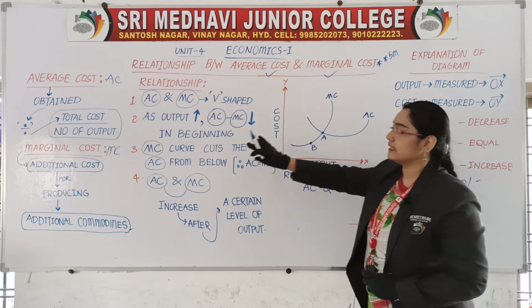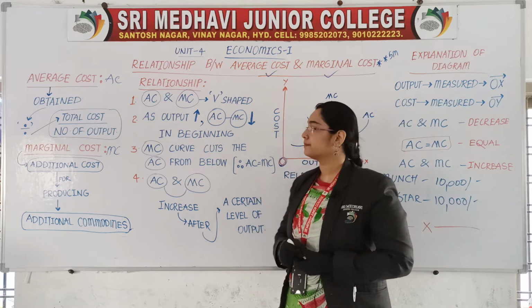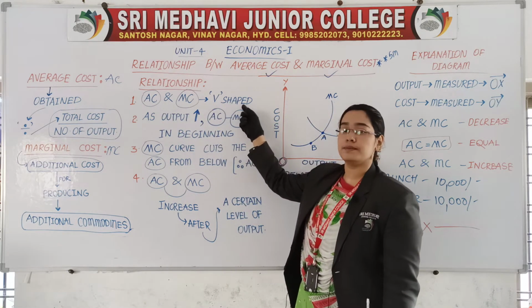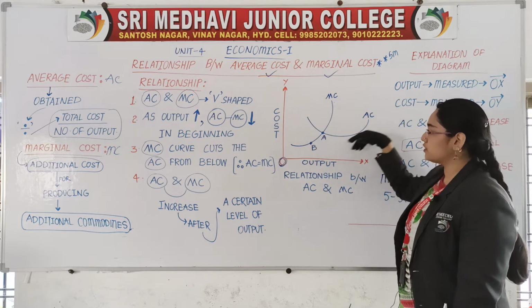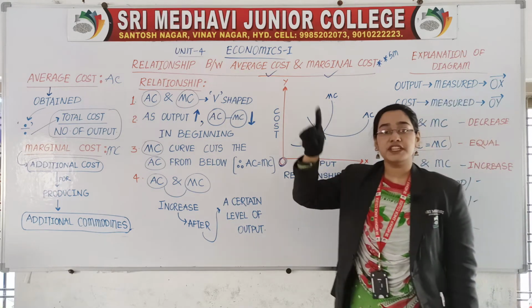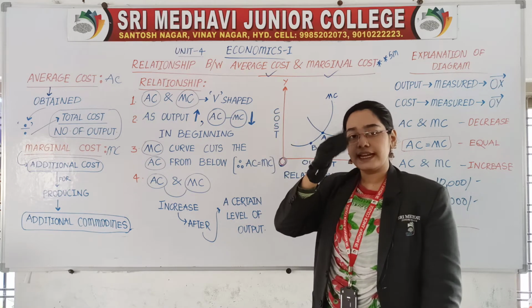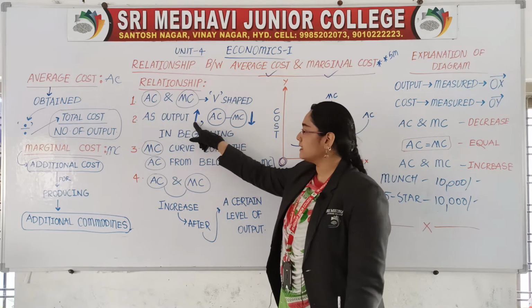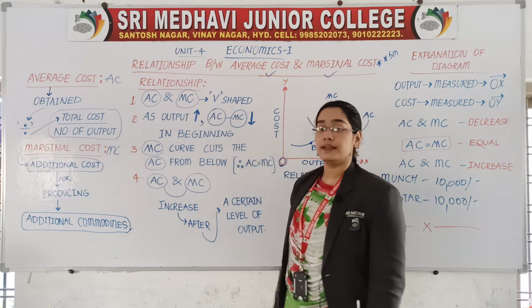Now let us see the relationship between AC and MC. AC and MC are V-shaped. Alright, average cost and marginal cost are V-shaped. Not a sharp V, okay, a slightly curved V shape. As output increases, AC and MC decrease in the beginning.